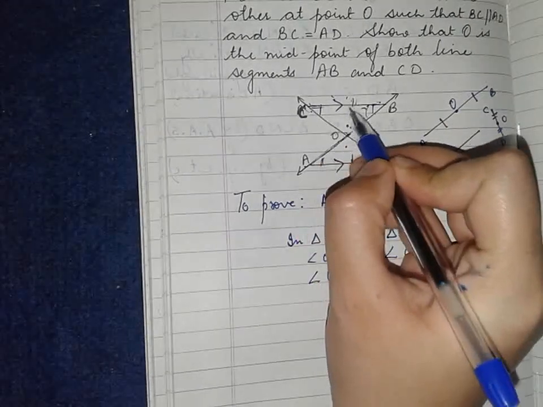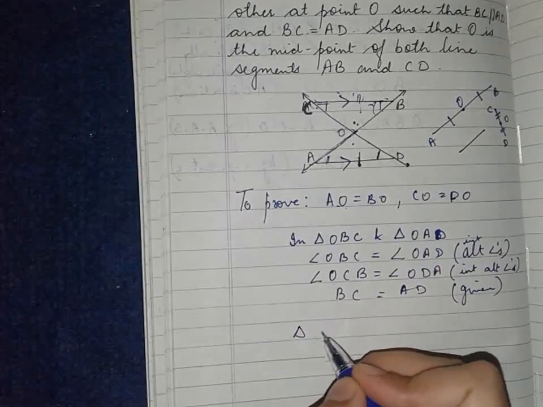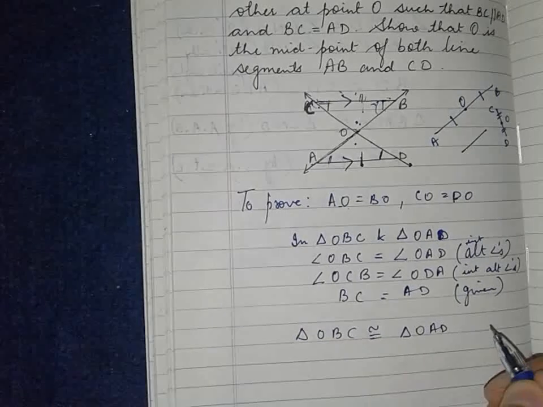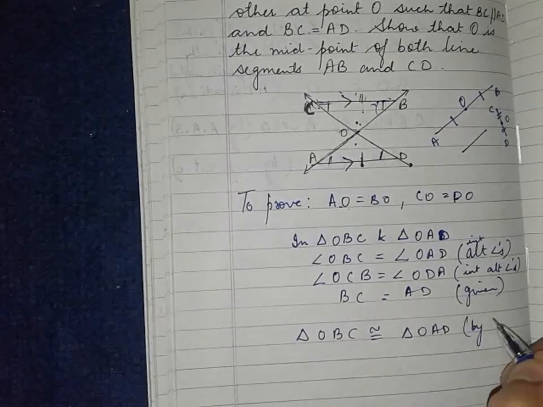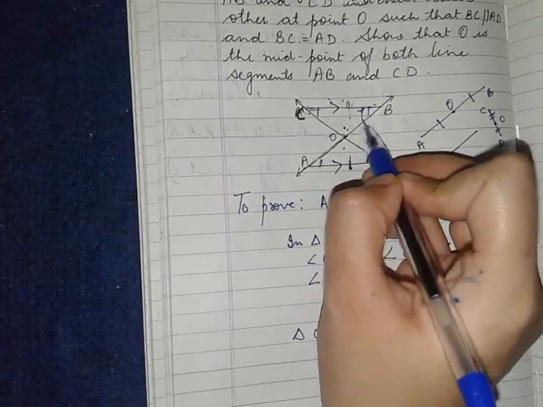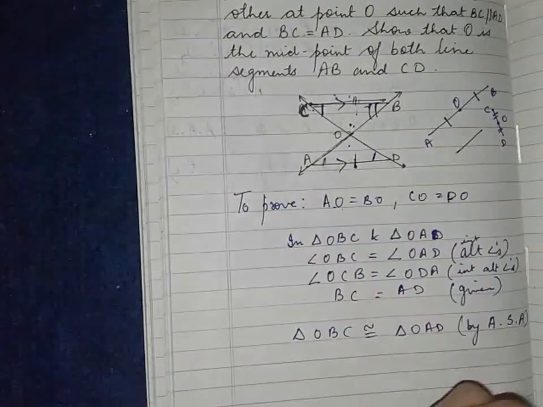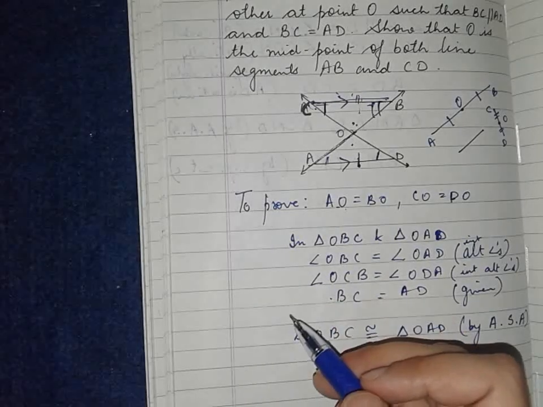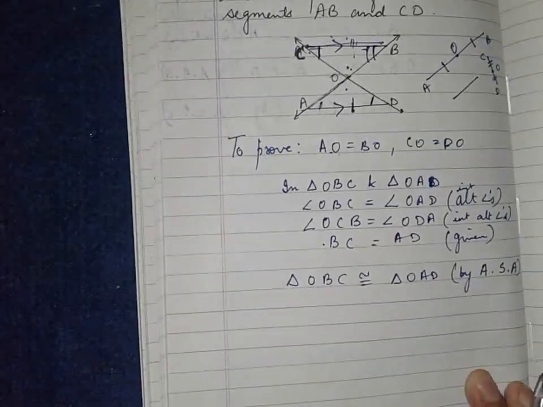Two angles are taken and the side between them is taken equal, so triangle OBC is congruent to triangle OAD by ASA. Angle, then a side, and then an angle. They are congruent.